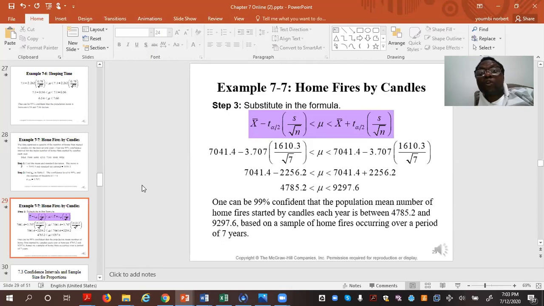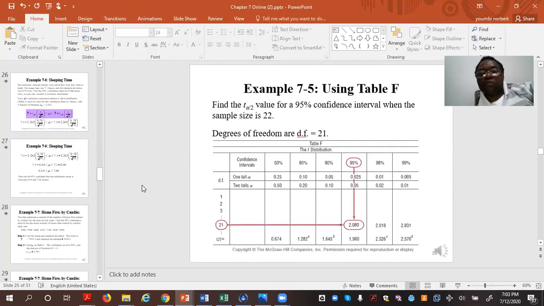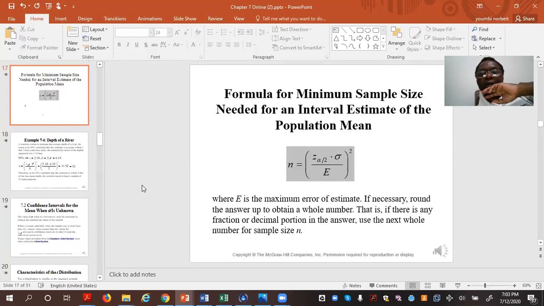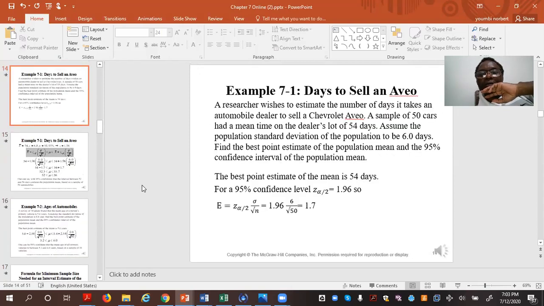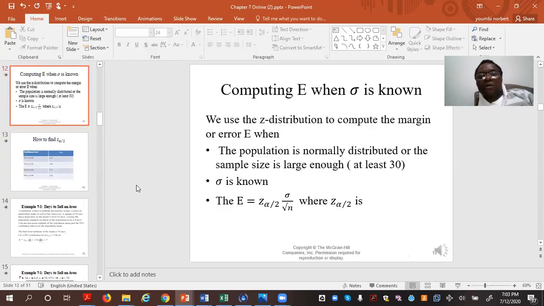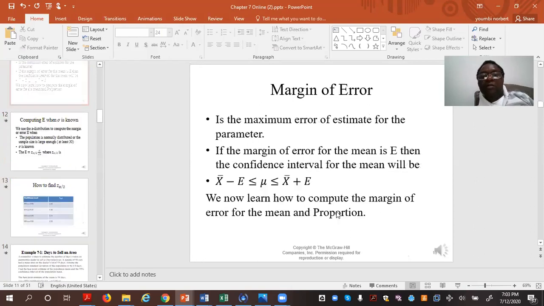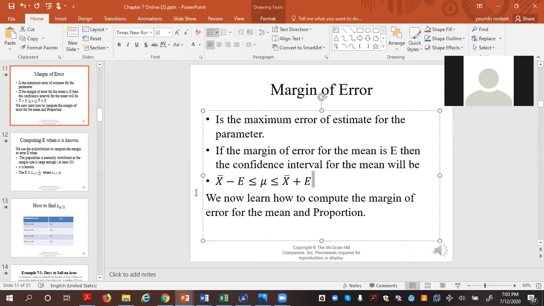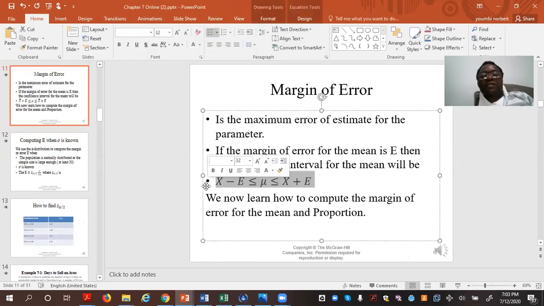Okay, let me quickly go back so that we know what we are doing. If you are on this PowerPoint, can you see the PowerPoint? Yeah. Okay, look at this formula. This is the formula for the confidence interval. It is sample mean minus E, sample mean plus E. Do we see that?